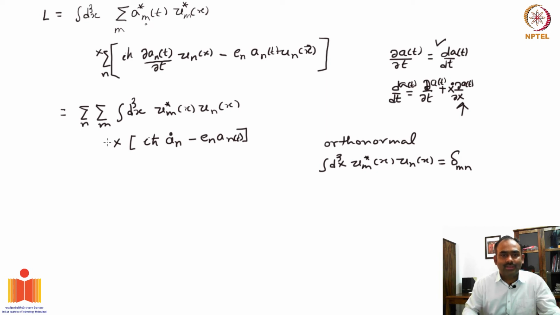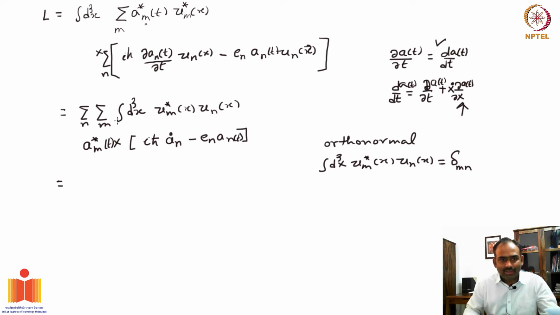I should write here a m star of t, okay, and this crosses, yeah, it's there, I can remove it, but it's okay. So, this gives you a delta m n.